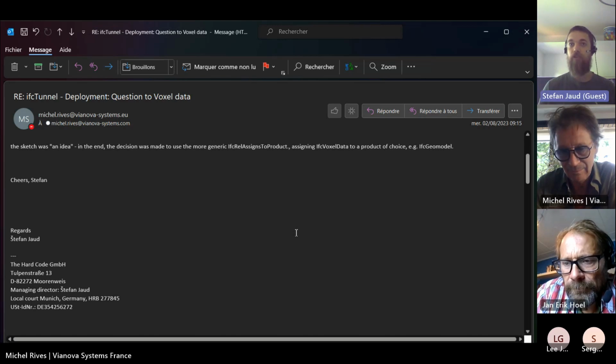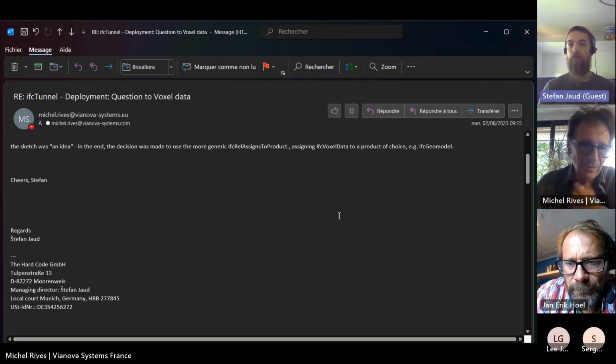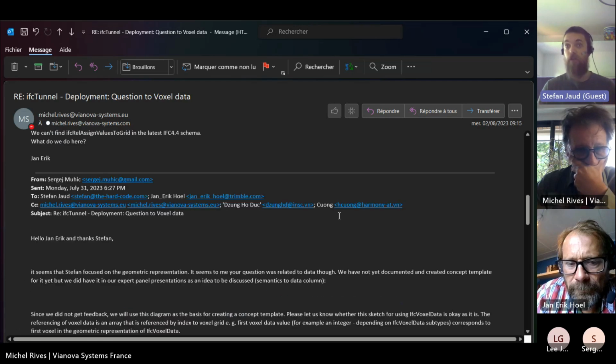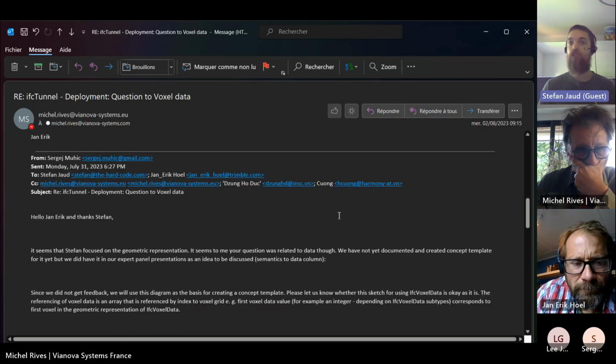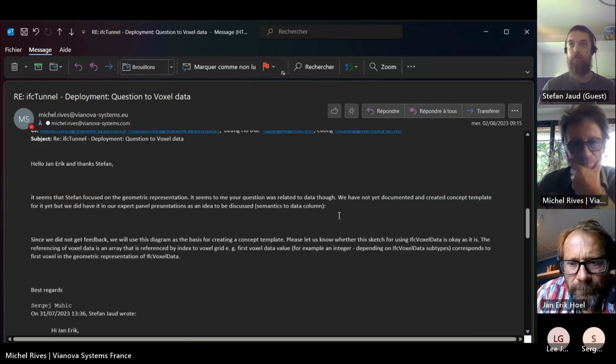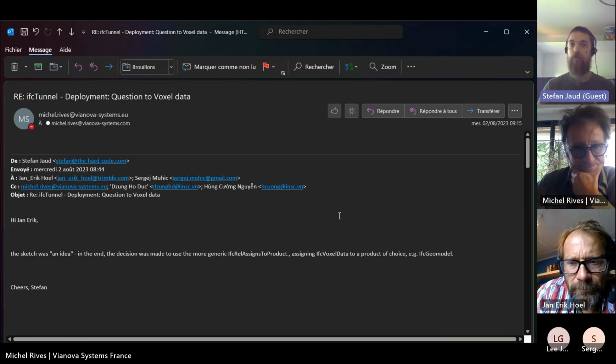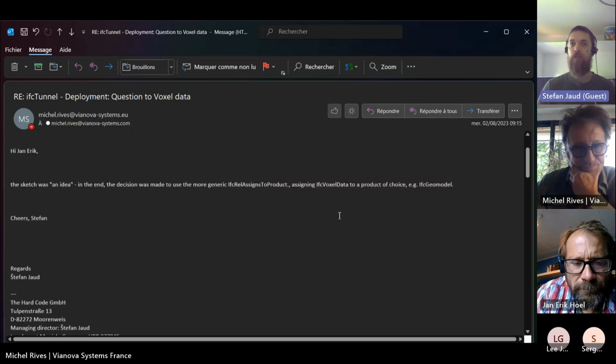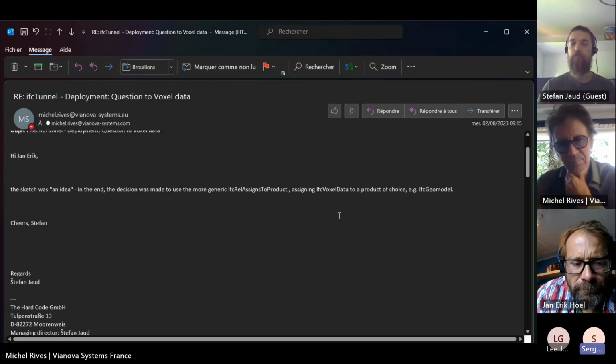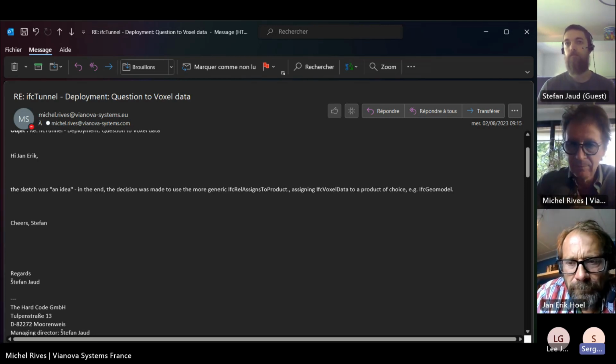So the sketch that Sergey sent was an idea at that time, but I believe at a later stage it was decided to not introduce another relationship, but to reuse an existing one. Sergey, correct me here if I've missed anything. That was exactly the simplification we did. We just reused an existing relationship, so we didn't introduce any new entity.